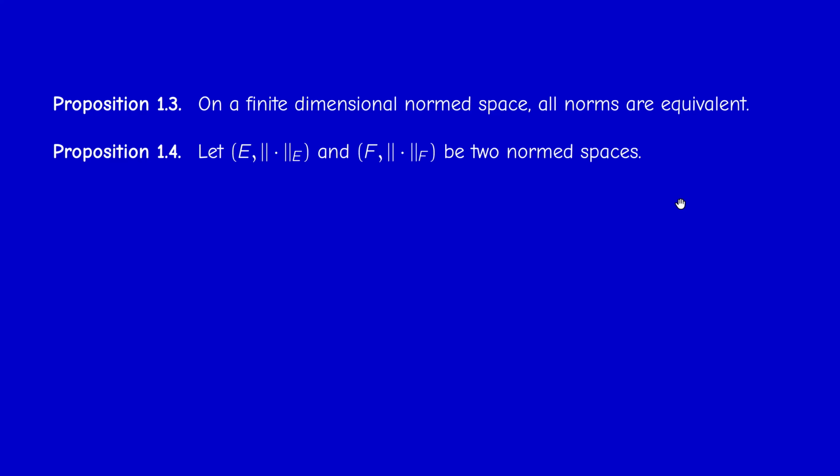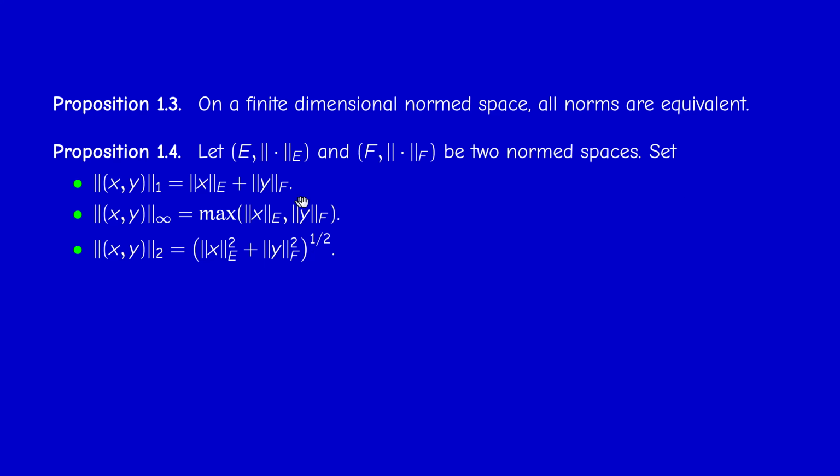Now let us revisit the notion of a product of two normed spaces. So if you have two normed spaces, E and F, we can define several norms on their product. The product is just the set of couples. So first one, norm 1 of a couple (x, y) is the norm of the first component plus the norm of the second component. The first component is in space E, and the second component is in space F. So we can take the sum, we can take the maximum, we can take the Euclidean norm if you like.